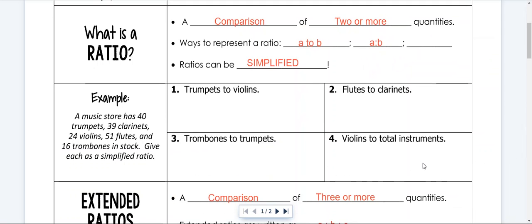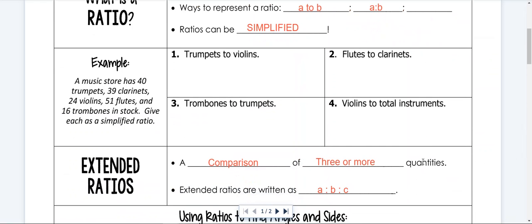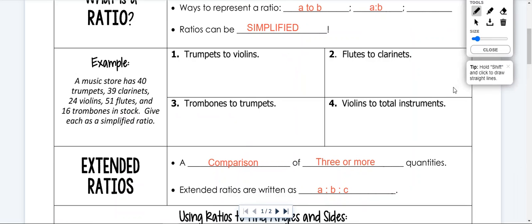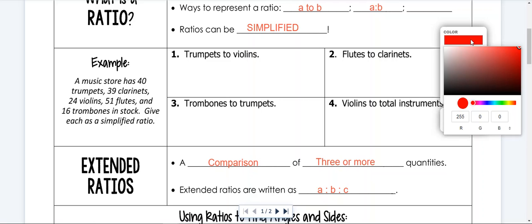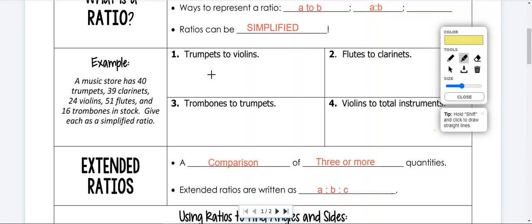So let's take a look at how we simplify and how we use or set up a ratio. So when we're setting up a ratio, the order matters. Okay, so if we're talking in this example about comparing trumpets to violins, then the trumpet needs to go first, in the numerator, and violins would have to go second and in the denominator.